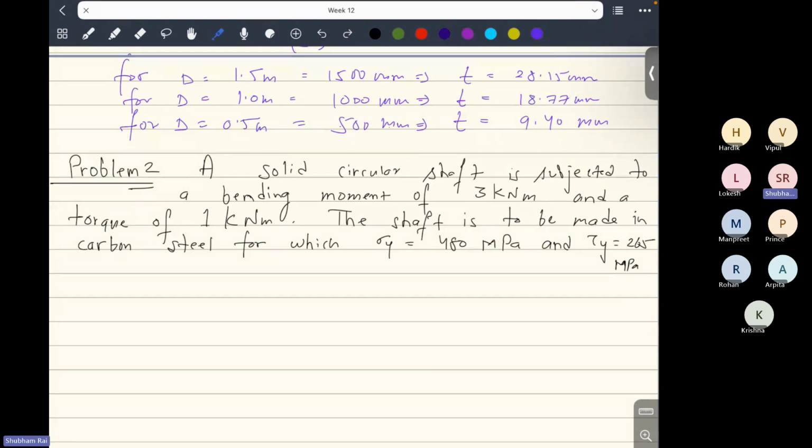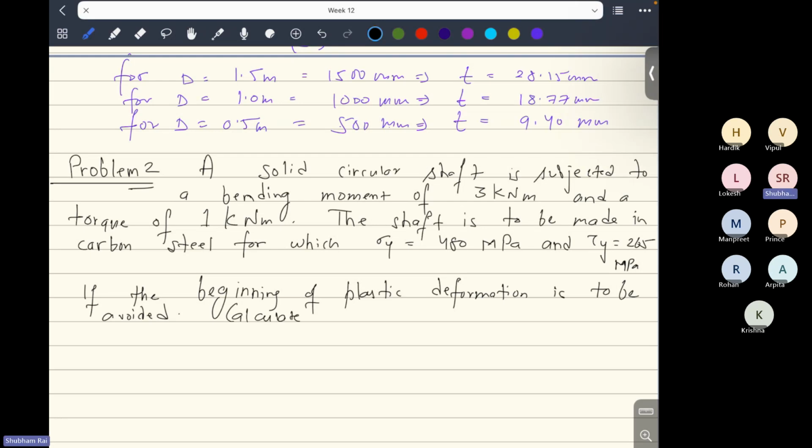So if the beginning of plastic deformation is to be avoided, it means you have to take yield stress as the failure stress.